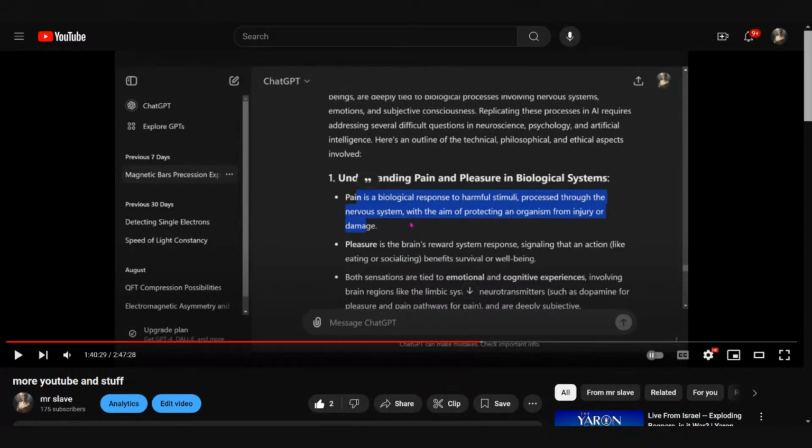We did neuroscience, pain and pleasure, and then we researched dopamine and the dopamine pathways, which was fairly interesting.